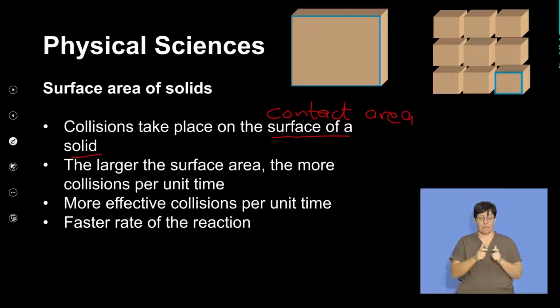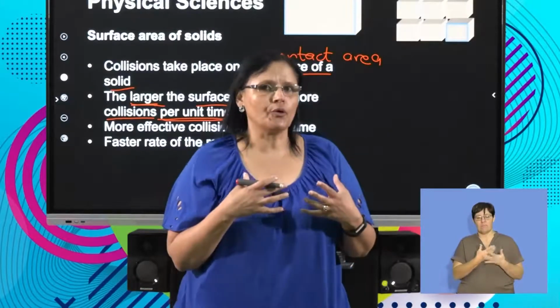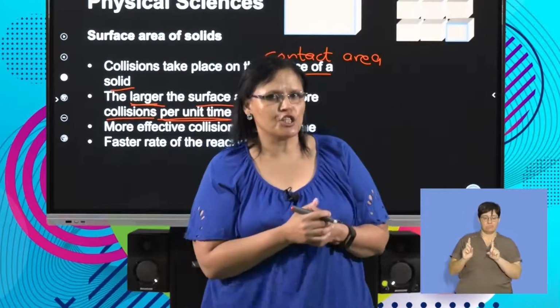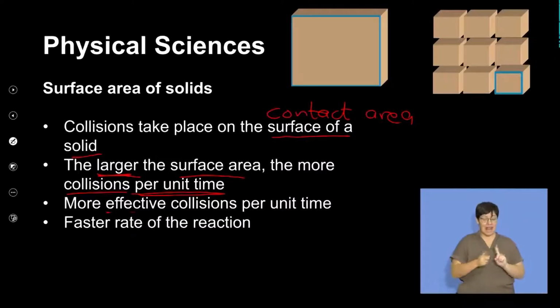The larger that contact area, meaning the more possibility of contact, the more collisions will happen per unit time. And what do we know? When there's more collisions per unit time, we know there will be a likelihood of more effective collisions per unit time. And if we have more effective collisions per unit time, we actually have a faster rate of reaction.